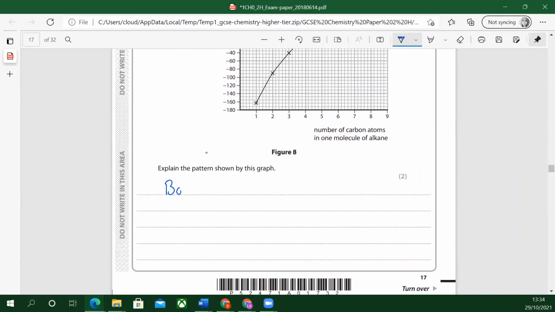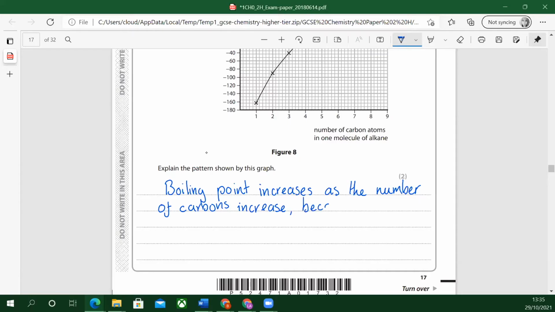So the boiling point increases as the number of carbons increases, because the forces between the molecules increase.